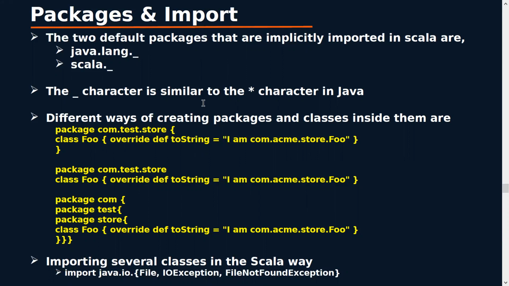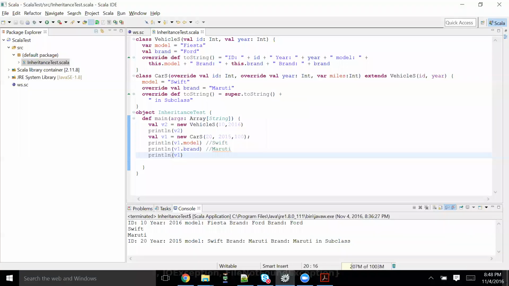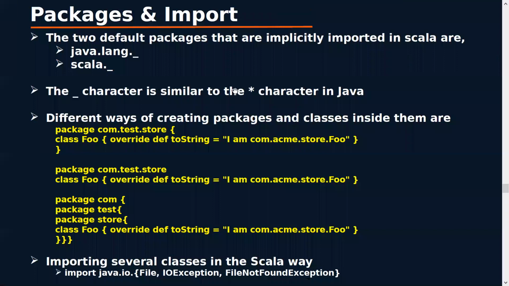Now, by default in any of your Scala programs, there are two packages that get imported implicitly without your notice, and you don't even need to specify them. Even though I didn't specify any import statement, this will import by default java.lang and scala._.